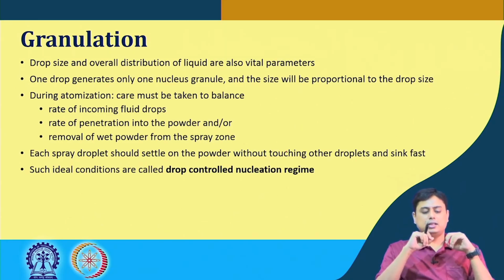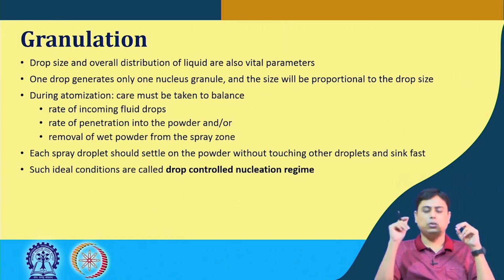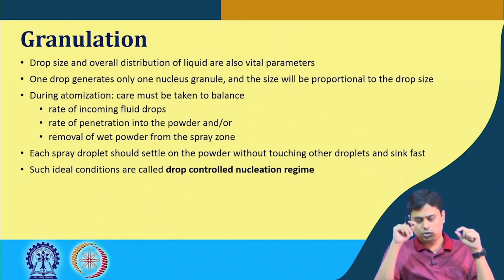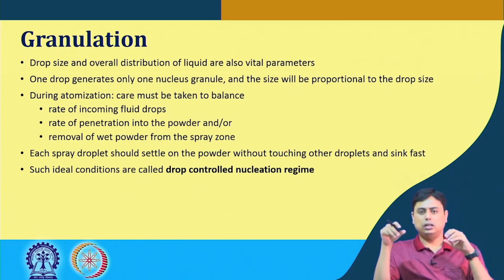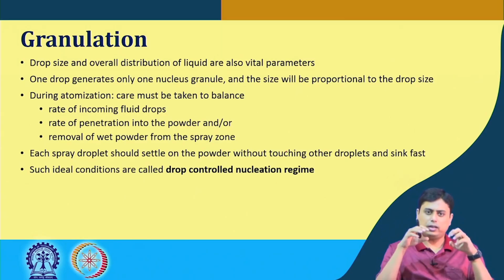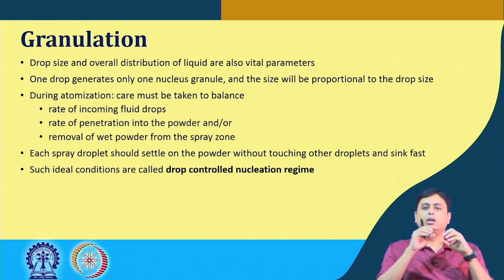Such ideal conditions are called the drop controlled nucleation regime. That means each droplet is creating one granule, and each droplet when it sinks, it is not touching the other droplet, or its effect in creating one granule is not destroyed by the presence of the other one.